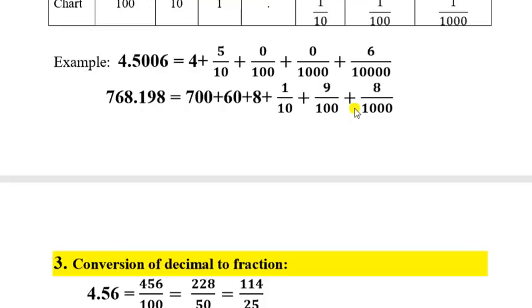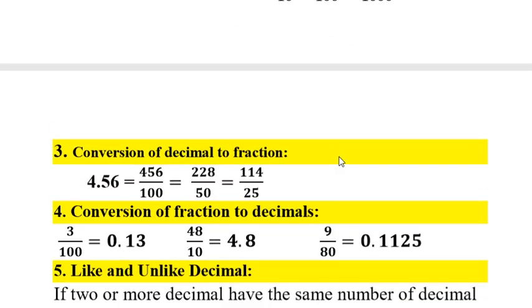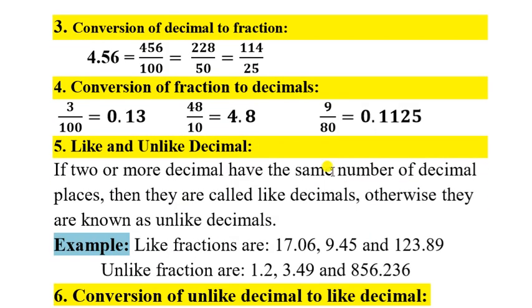Now how to convert a decimal number into a fraction? See here it is given 4.56. First we have to convert it into fractional form, that means p by q form. For that, for the decimal in the denominator we have to write 1, and after the decimal here are 2 digits, that means 5 and 6, 2 digits, so we have to write 100.